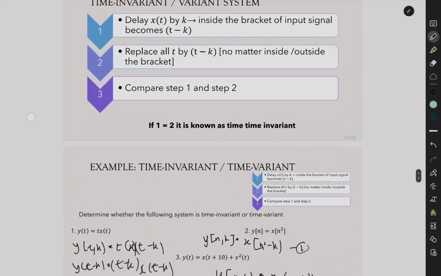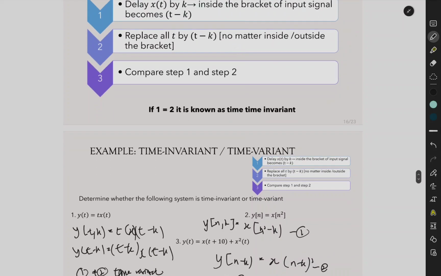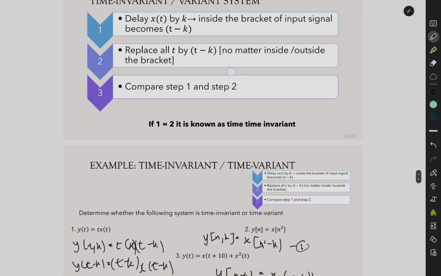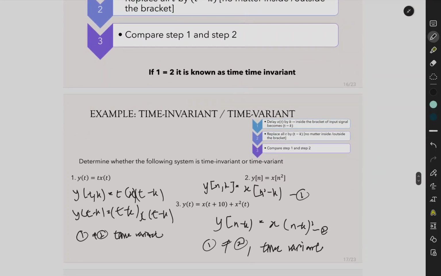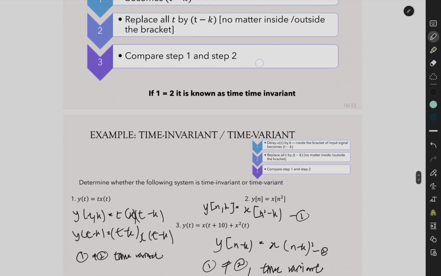Okay, so there are 3 steps. First, delay xt by k, that is t minus k. The second step is to substitute t minus k into the function.